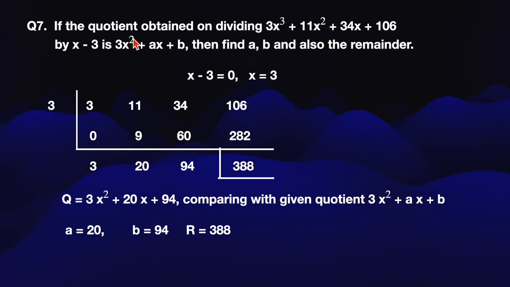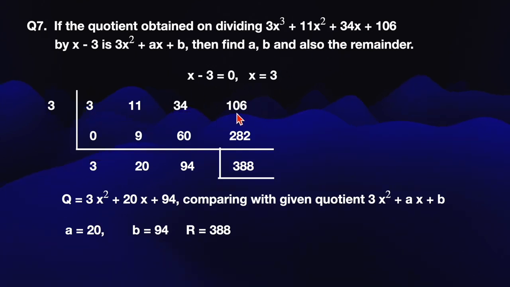Question 7. If the quotient obtained on dividing 3x cubed plus 11x square plus 34x plus 106 by x minus 3 is this polynomial 3x square plus ax plus b, then find the values of a and b and also the remainder. So let's write down these coefficients 3, 11, 34 and 106, and we are going to divide by x minus 3.